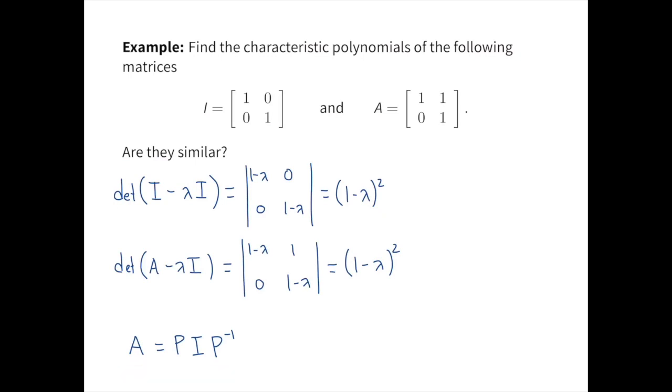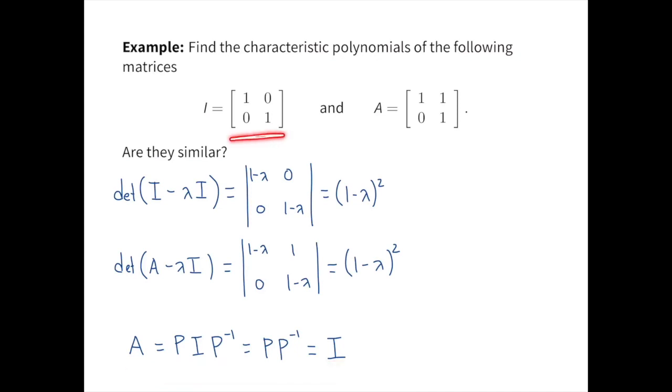But now the identity matrix is special. I can just multiply it by P inverse and it kind of disappears and just leaves me with a P times P inverse. And then when I multiply P times P inverse together, I just get the identity. So in other words, if the matrix A were similar to the matrix I, then in fact that means it has to be equal to the matrix I.